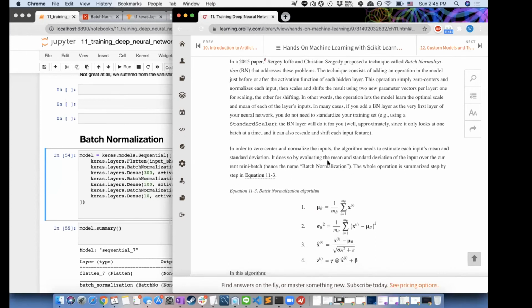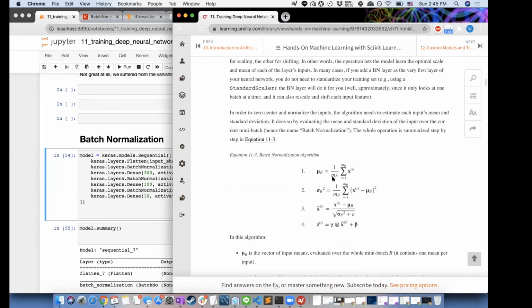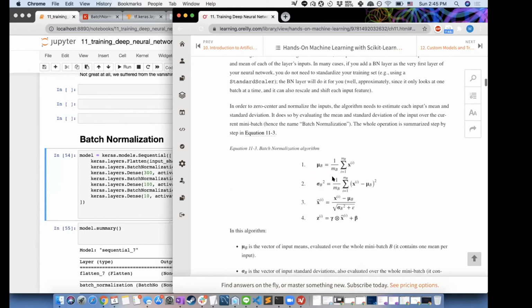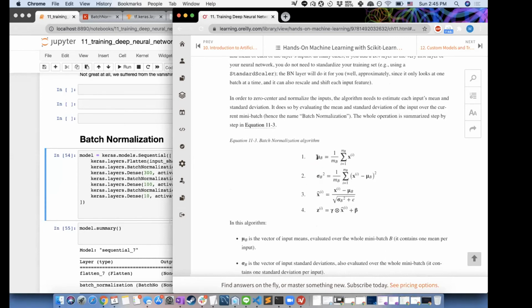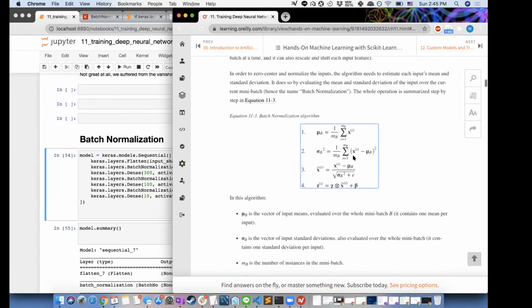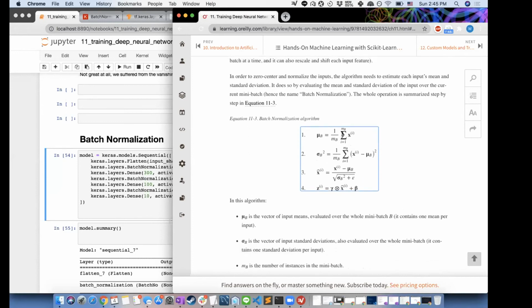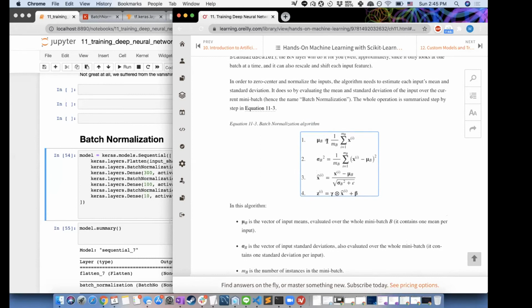It's quite simple math, even though it looks a little complicated. This is just taking the mean, and x is each input. Just remember, x is each input, and you sum them up and divide by the number in the batch, and that's your mu, which is the mean.